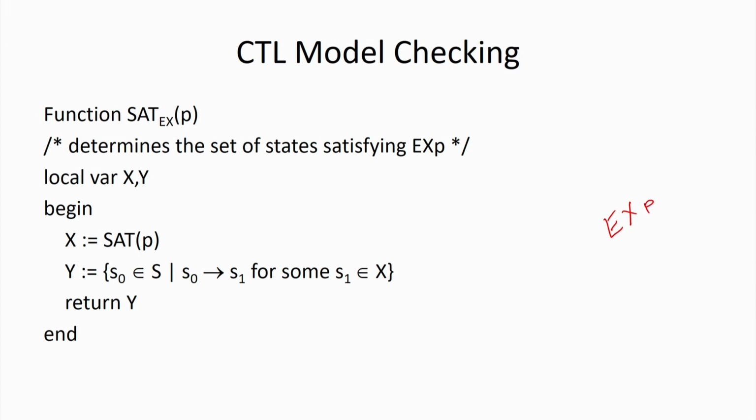First we take the set of states where p is true, call it X. Then we collect those states S0 such that from S0 there is a transition to S1, where S1 belongs to X. We have already seen this algorithm, and finally we return Y. So how do we implement this method symbolically?